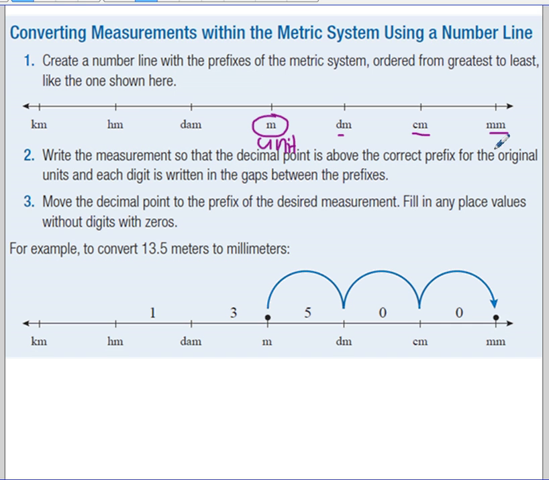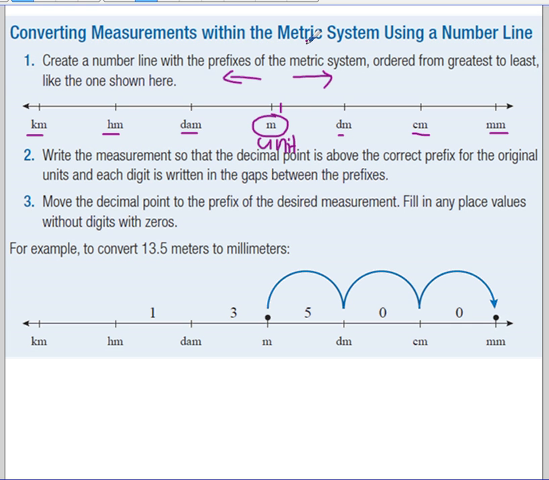So they're going smaller by units of 1 to the left, and we're getting bigger to the right. And so decameter, hectometer, kilometer. So here we have to think of place value. And so this would be like where our decimal point is. It would be after the 1. And so here is less than 1. Here is greater than 1.